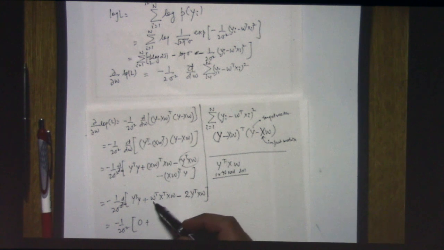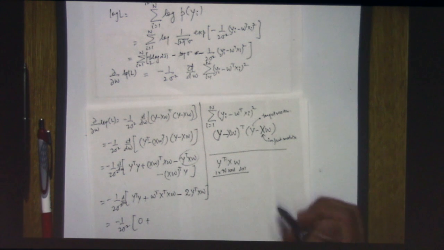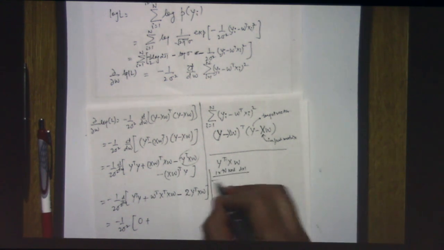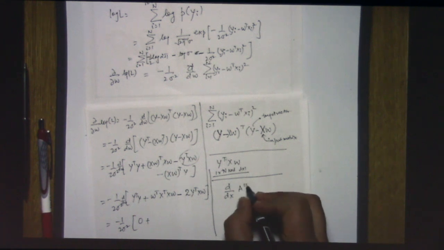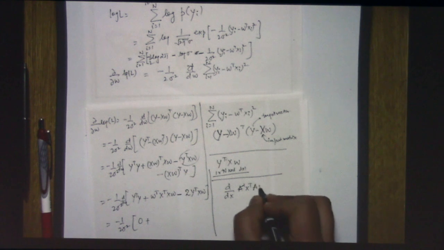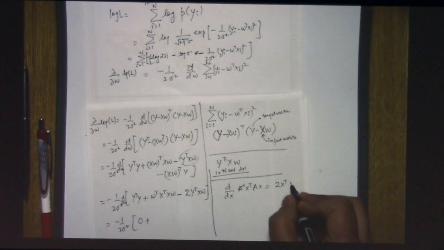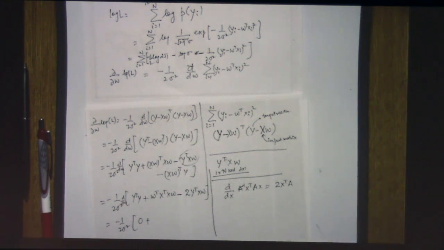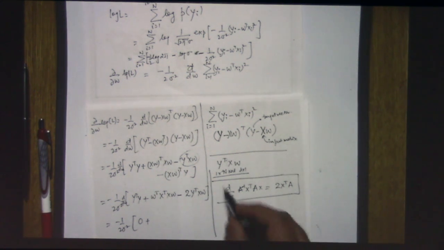Now this is where you might want to use the matrix cookbook. If you look at the matrix cookbook, the derivative d by dx of x transpose A x is a standard result given as 2 x transpose A. You can actually derive it, but why would you do that when you have the cookbook?